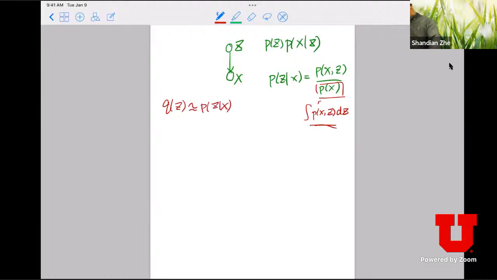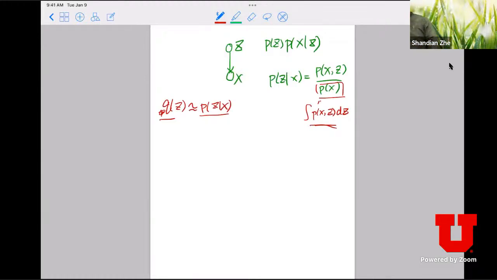We say it's approximately equal to p of z given x. Of course, there are a variety of ways of doing that, because this is a central problem of Bayesian model training, inference, and all kinds of problems. For variational inference, the idea is straightforward. Since I cannot compute the exact form, I assume there's a family of simple distributions, for example, a Gaussian distribution.